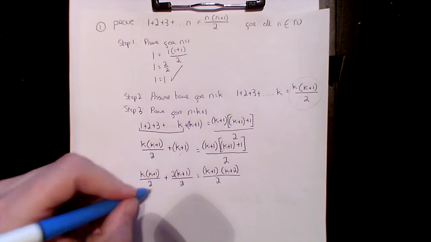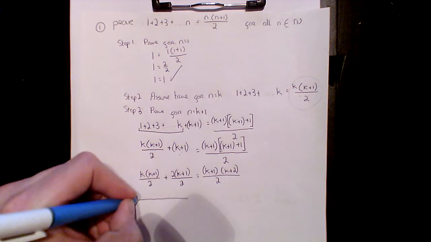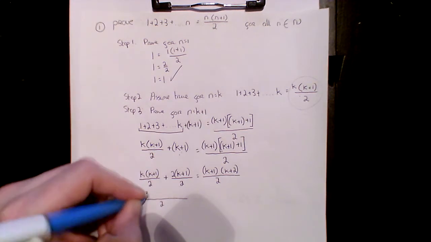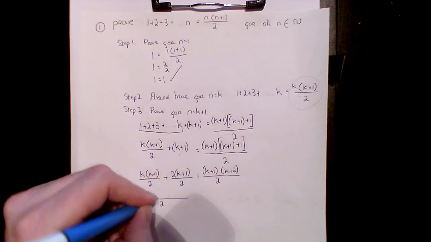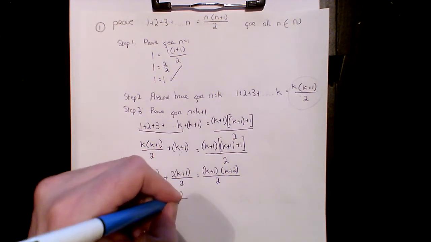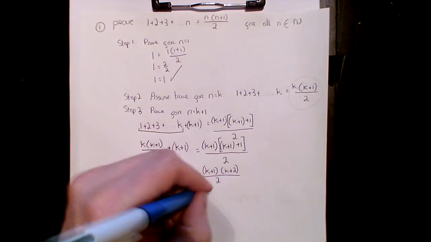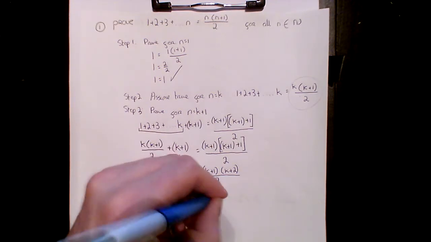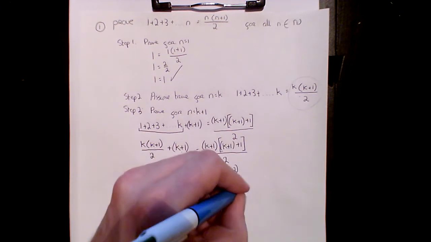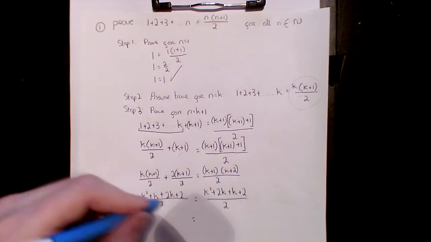Alright. This I can put all over the single 2 again. So we go k by k squared plus k by 1 is k, plus 2 by k is 2k, plus 2 by 1 is 2, and that equals, when we multiply out the brackets, k by k is k squared, k by 2 is 2k, 1 by k is k, and 1 by 2 is 2, and that's all over 2, and we're nearly there.